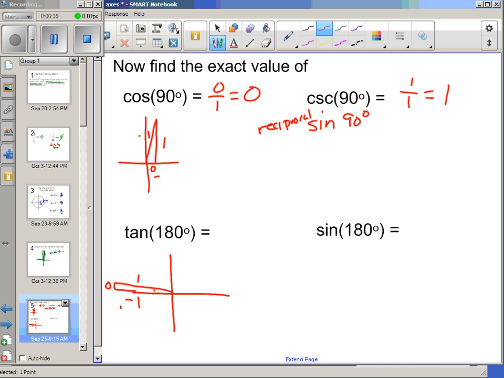And now when I'm trying to do tangent of 180, I pick my opposite side, which is 0, and divide by my adjacent side, which is -1, and 0 divided by a number does exist, and I get 0. If I think about sine of 180, I have that same picture, only now I am taking my opposite, which is 0, divided by my hypotenuse, which is 1, and sine of 180 is also going to be 0.